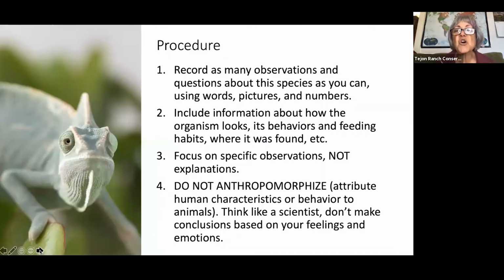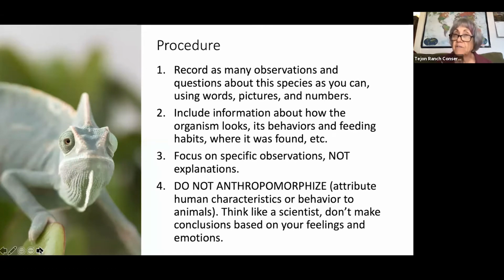The procedure you're going to use: record as many observations and questions about the species as you can using words, pictures, and numbers. Because you're going to be doing a lot of that, you want to make sure that you're using 2 pages in your journal, not just one. Include information about how that organism looks, its behaviors, and the feeding habits if you're talking about an animal, where it was found, everything.